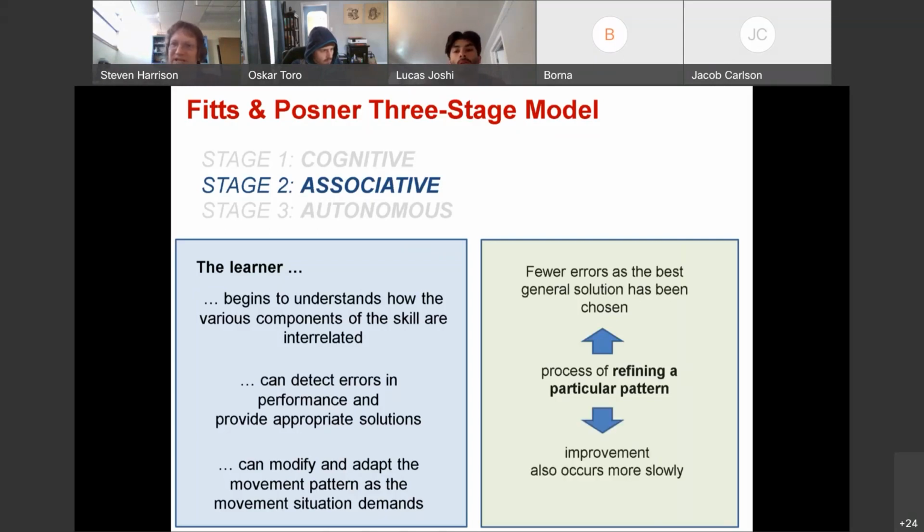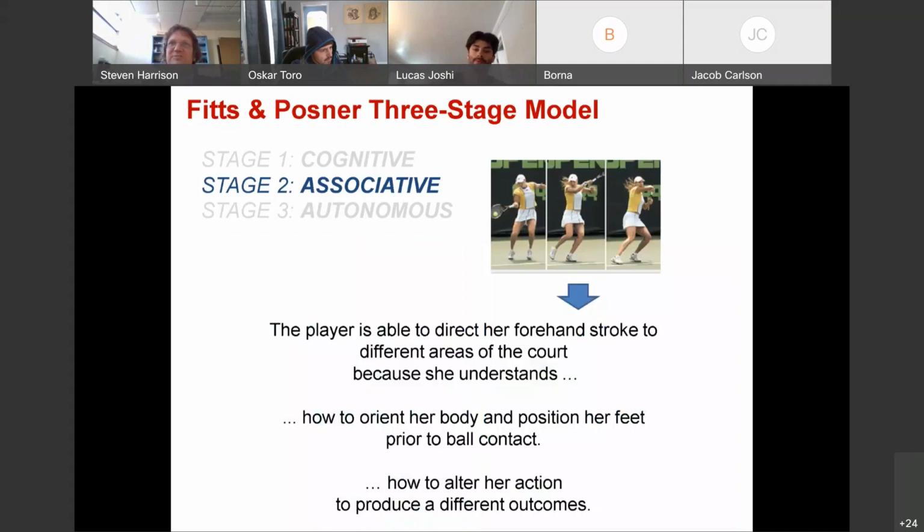So what does this mean? This means that over time, the improvements we see are going to occur more slowly. We're no longer going to see those big leaps, or we're less likely to see them. Okay, so let's contextualize this.